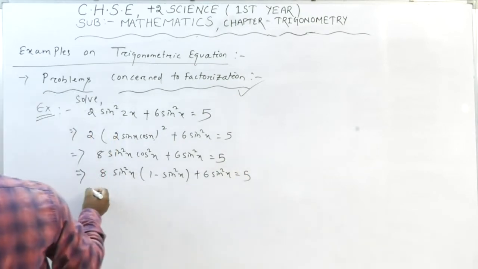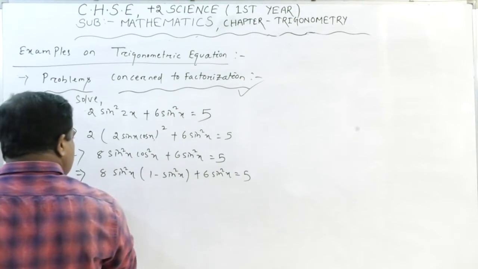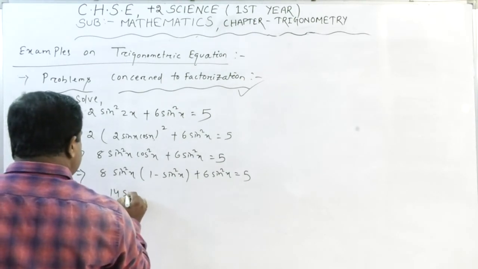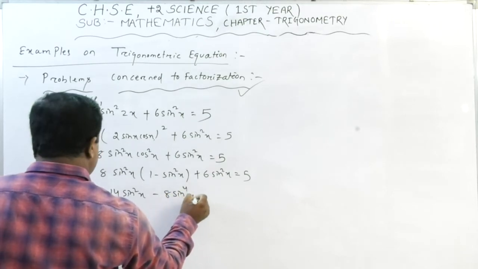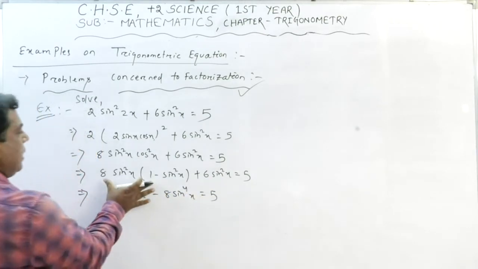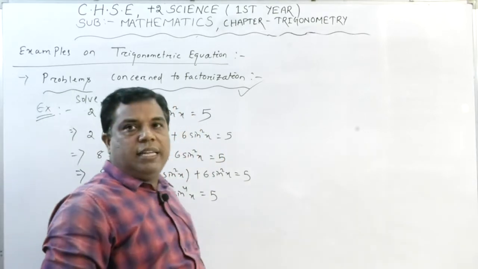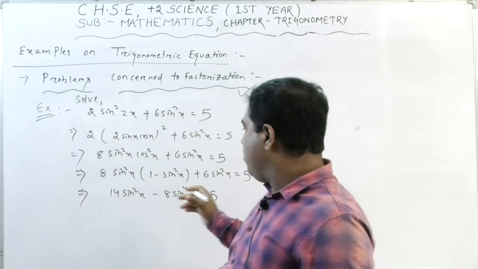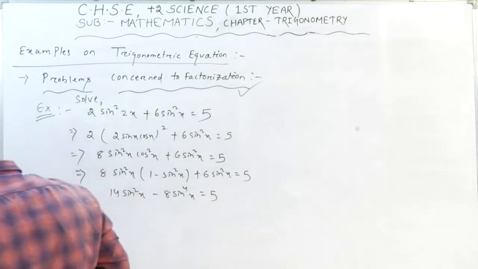Okay, so what we obtained here, you can see it is 14 sin square x minus 8 sin 4th x equal to 5, as it is 8 sin square x plus 6 sin square x. How much is there? 14 sin square x minus 8 sin 4th x equal to 5.